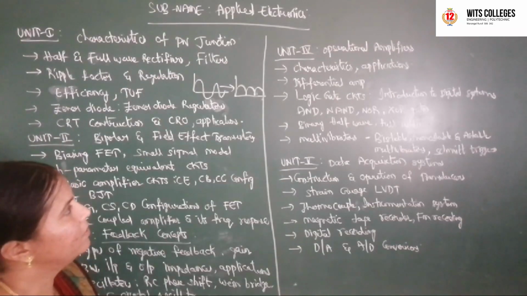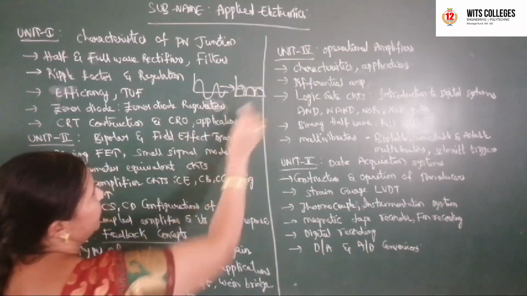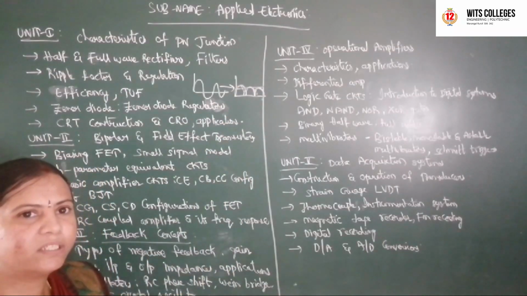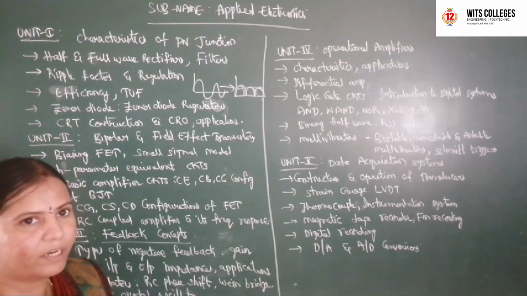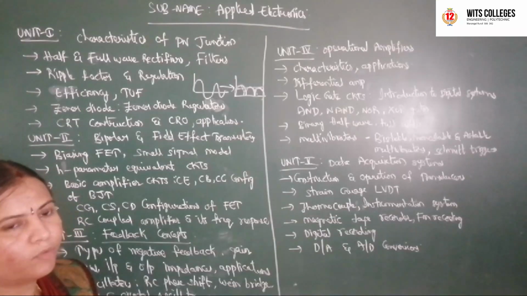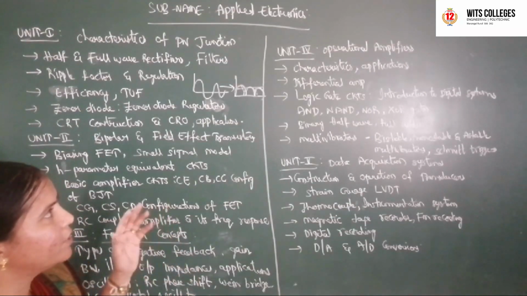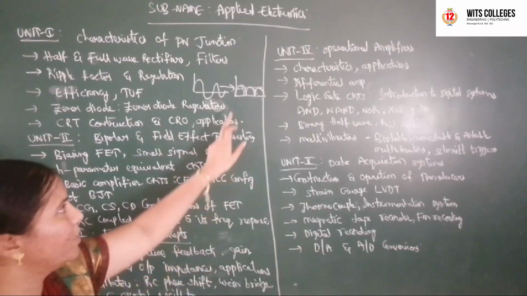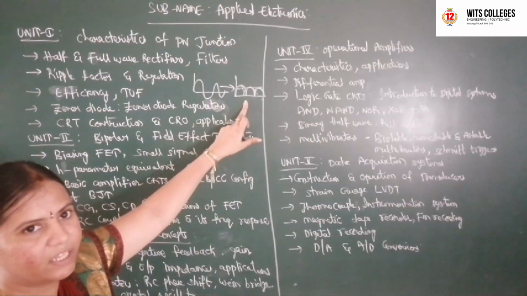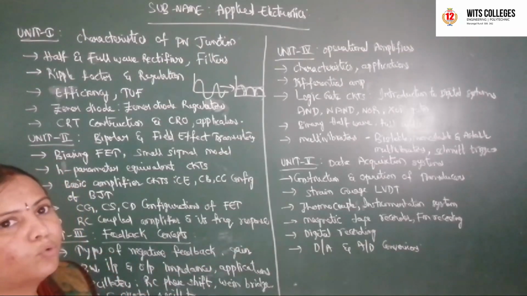What is the filter? Actually, in the output of the rectifier you have AC components and DC components. The AC components are undesirable. Those are unwanted. We have to get only DC components at the output of the filter. Okay na? That's why we have to use the filter. The filters are used to remove the AC components present in the output of the rectifier, and to allow only DC components to reach the load.